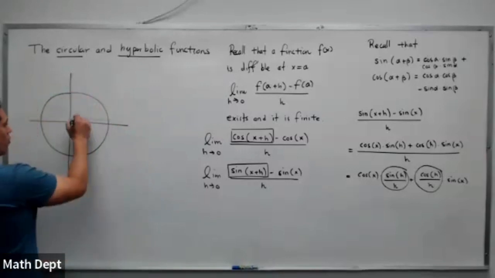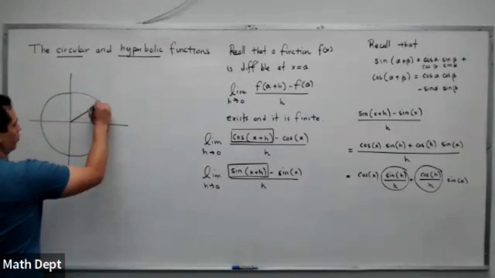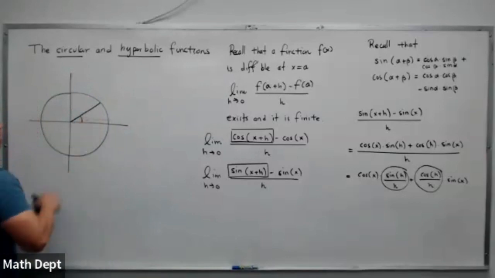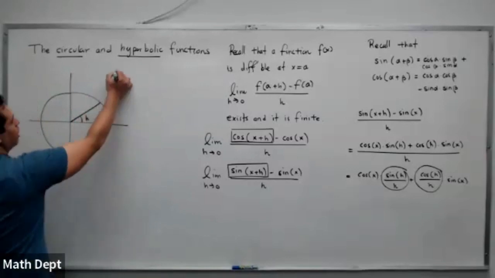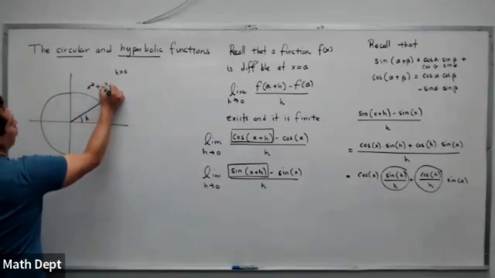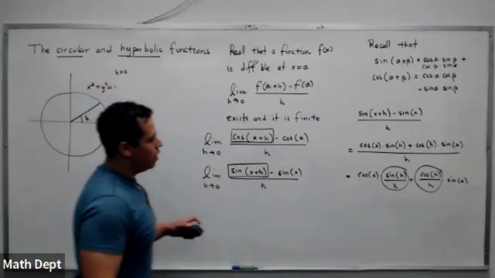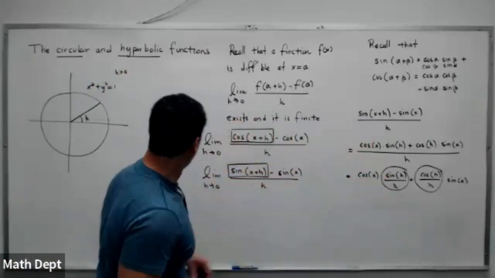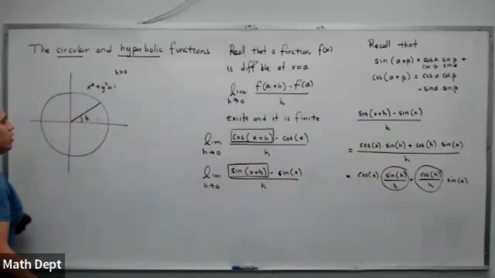Now, I'm going to draw an angle, and I'm going to call it h. In this case, h is going to be positive. This is the unit circle, just as before, because I want to investigate sine of h and cosine of h.